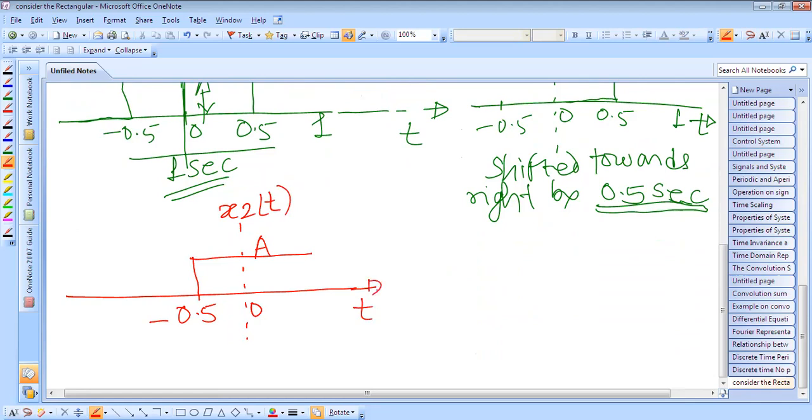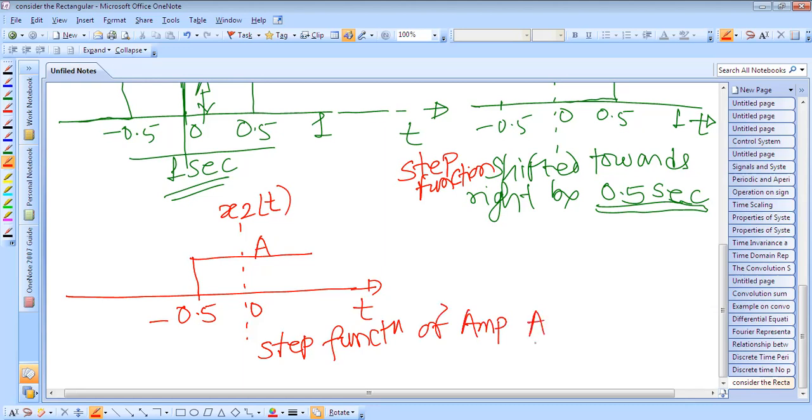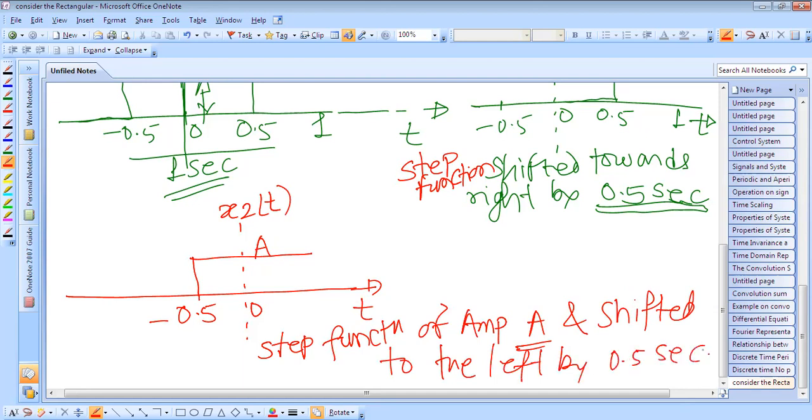Now this is also a step function of amplitude capital A, shifted to the left by 0.5 second.